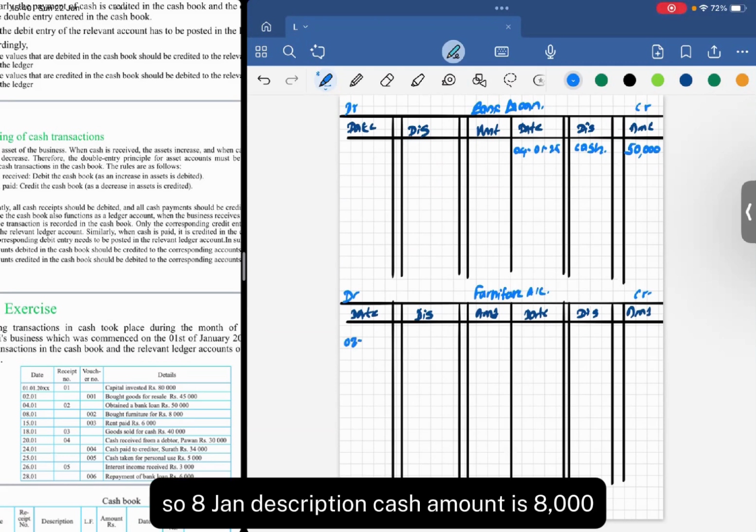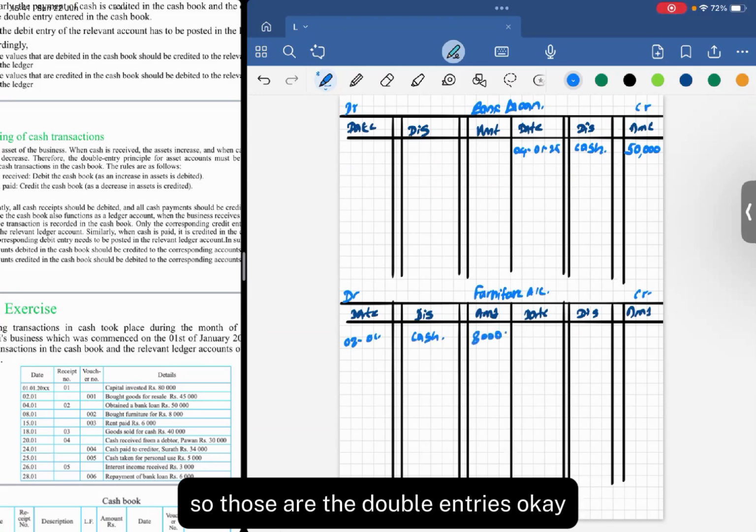So 8th Jan, description cash, amount is 80,000. So those are the double entries.